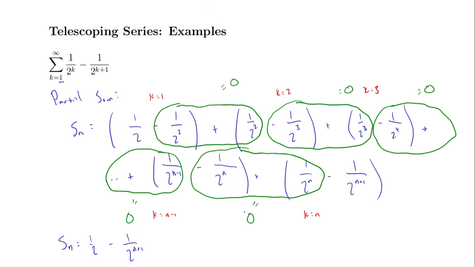Now, this makes it a lot easier for us to actually look at a limit. I'm going to do it in red because it's going to be hard to tell the difference. If we look at a limit as n goes to infinity of this, this is not a hard thing to find a limit of, because I can tell really quickly that this exponential in the bottom is going to go to infinity. So that whole term is going to go to 0. So this is just a half.